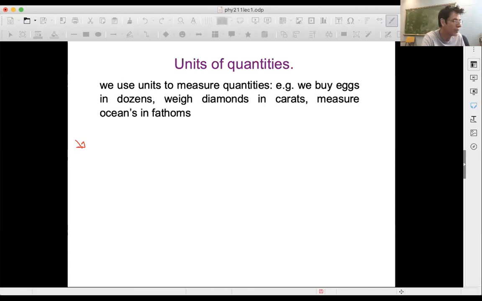And if you go out on your boat and you want to measure the depth of the ocean, then typically depths of oceans are measured in a unit we call the fathom. And with these old-fashioned units, a lot of things like lengths and masses were based on dimensions of the human body, right?